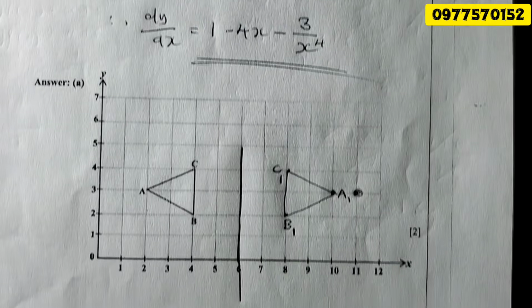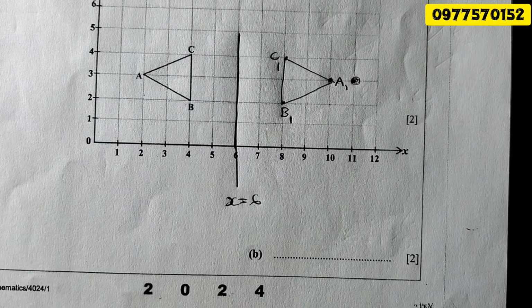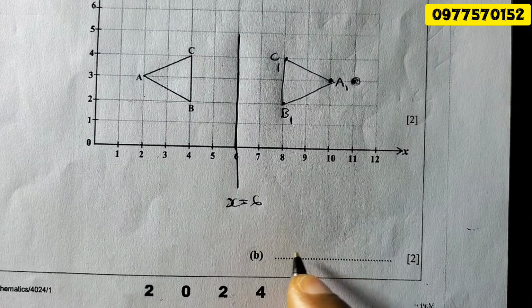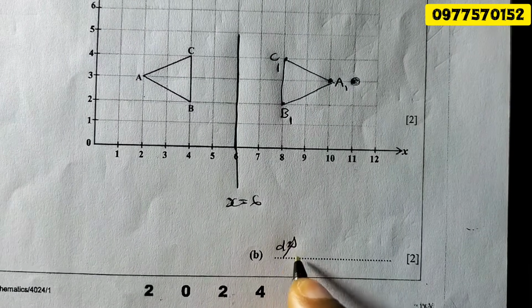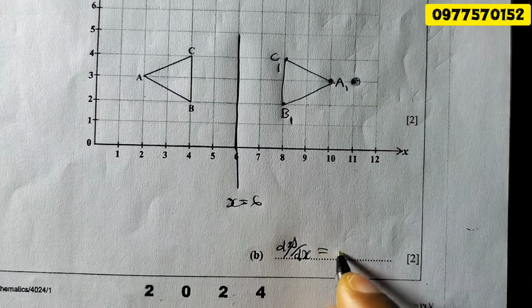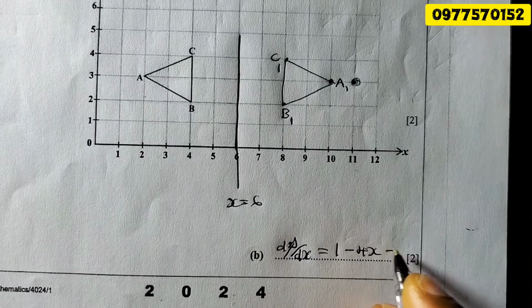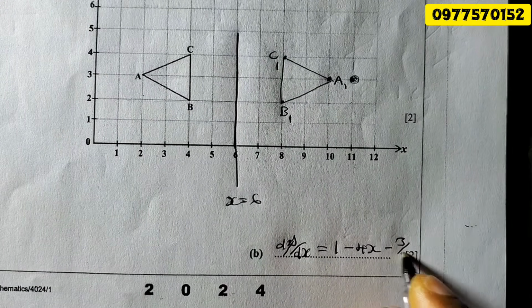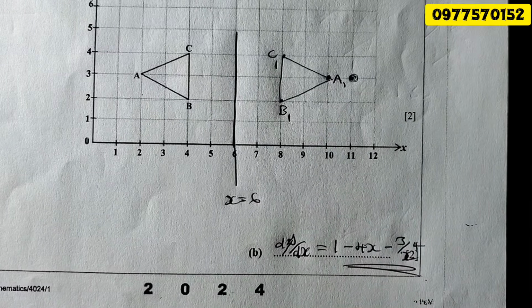You can write that one down here as dy/dx is equal to 1 minus 4x minus 3 over x to the power 4 as the final answer.